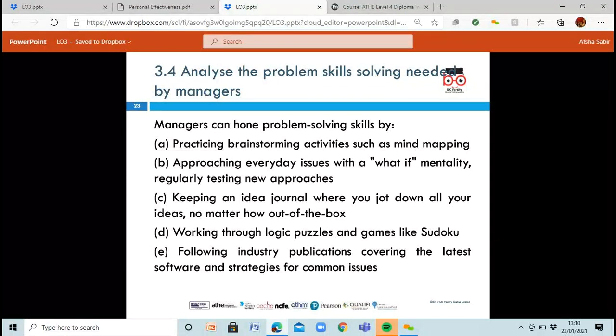And that's them testing new approaches. They can keep an idea journal, so you can put down all of your ideas, even if they're really crazy ideas. You can pop them down, and maybe at one time it will actually work. There will be an opportunity where you can do that. Also, a good way to develop your own.